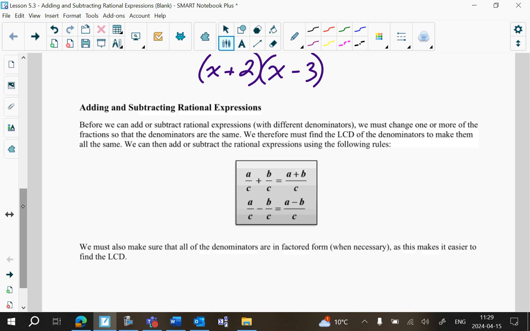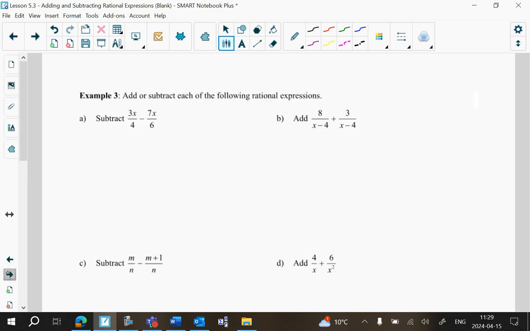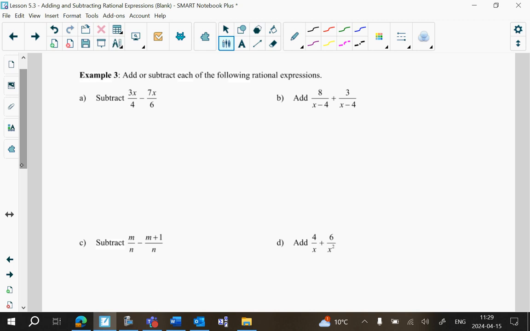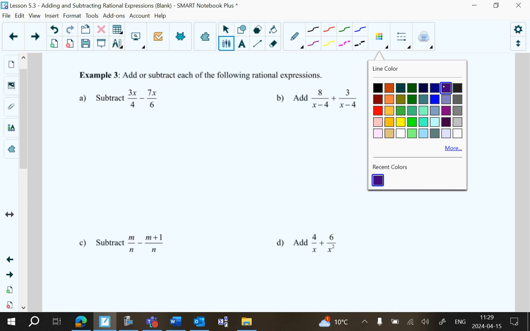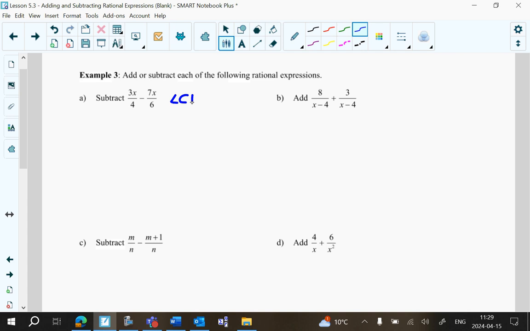So let's look at some examples. And we'll start with no variables in the denominator. What's the lowest common denominator of this? 12. So here's how we set it up.